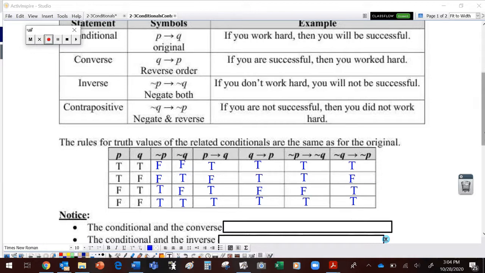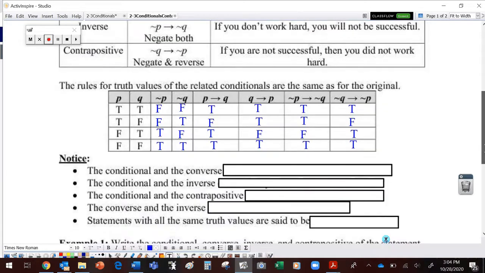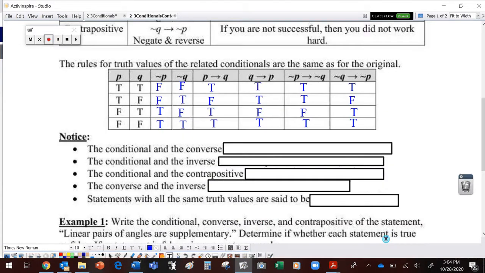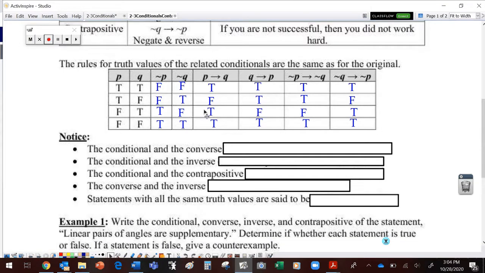So take a look at those columns, and let's compare those to one another. Okay, the conditional and the converse. So the first one, the conditional is this one, and the converse is this one. Okay, now we can see that the conditional and the converse do not necessarily all have the same truth values.